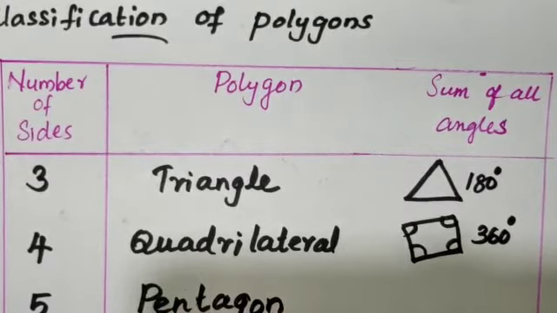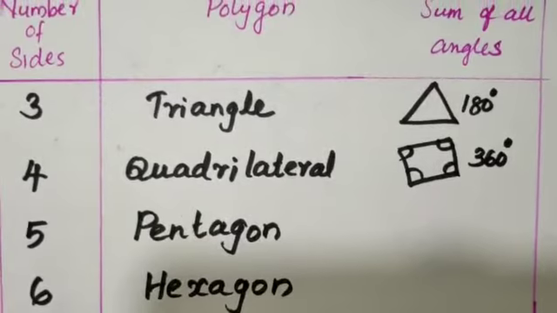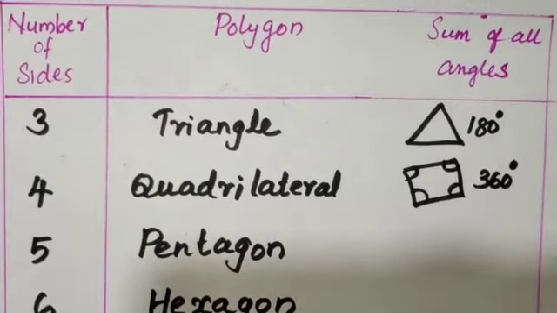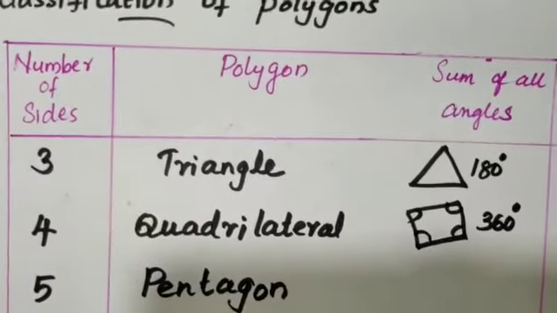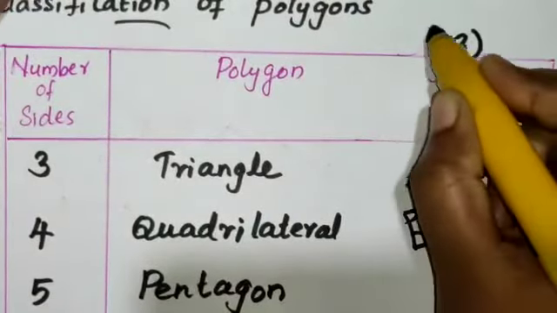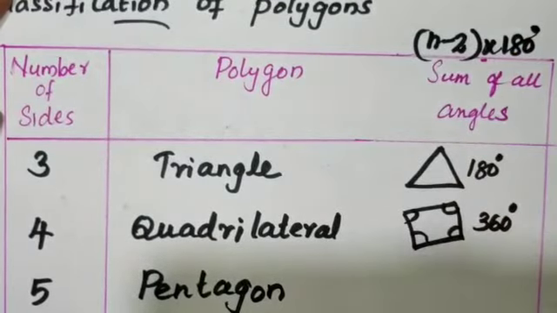You already learned this in earlier classes. And for other polygons, we can use a general formula for finding the sum of all angles. That is (n minus 2) into 180 degrees. This is the formula for finding the sum of all angles in a polygon.